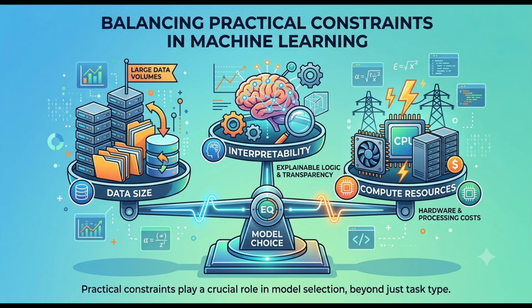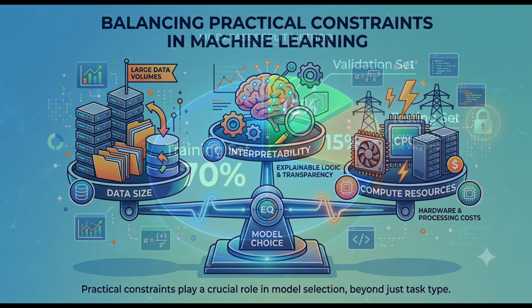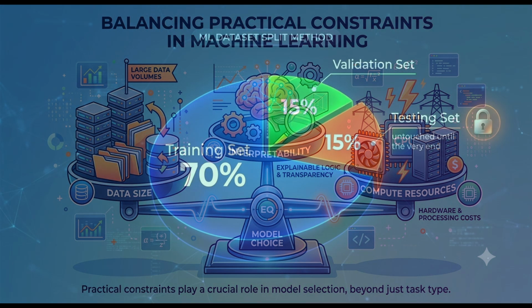A neural network might be the theoretically best choice, but if you only have a few hundred data points and a laptop, a simpler model is often the smarter, more practical pick. The goal at this stage isn't to lock in one single model. It's to build a shortlist of reasonable candidates. You'll compare them properly once you get to the evaluation stage, which we'll cover later in this video.